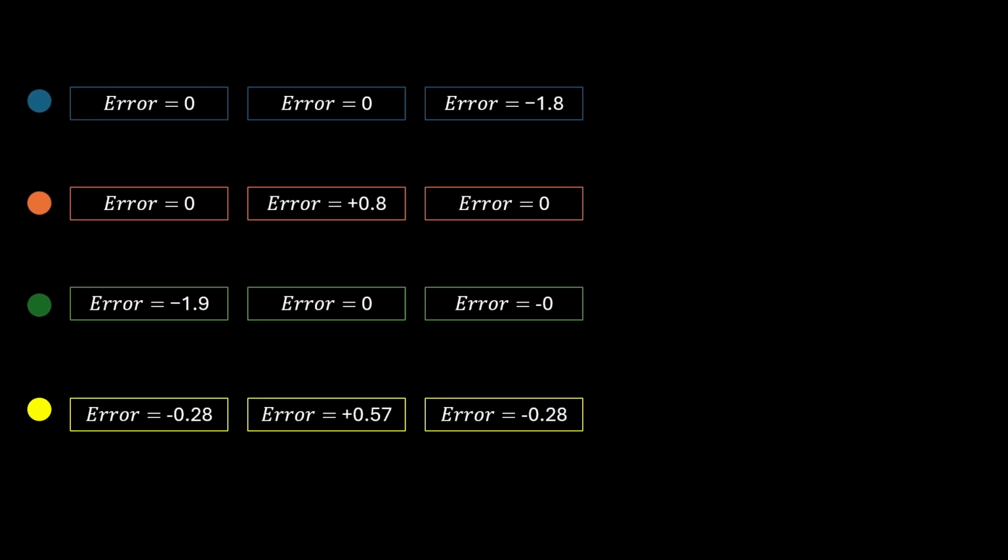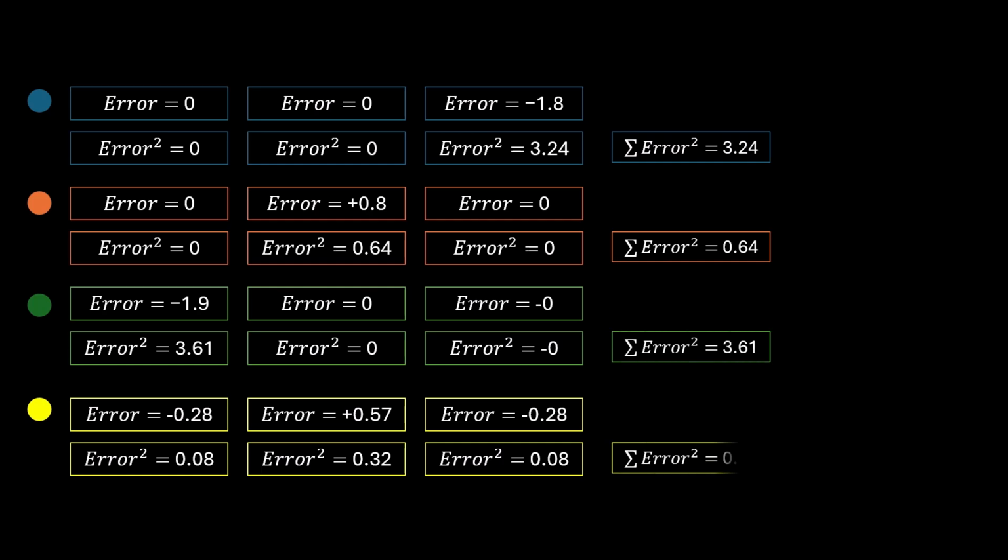One more issue here: the minus sign in the error only shows the direction, whether we predicted higher or lower, but that's not important for our case. What we care about is how large the error is regardless of the direction. So we first square each error value to make all errors positive values. Then we add them up together to have a single total value for each line.